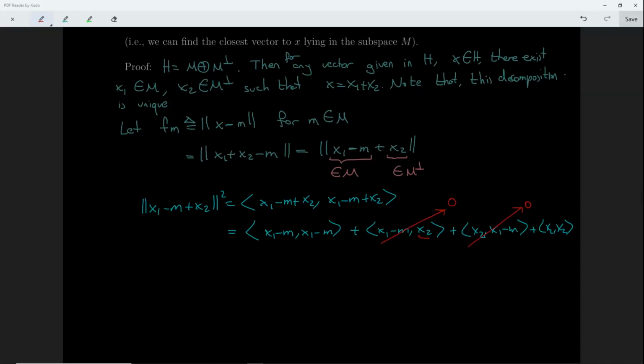Okay. Then this norm square, which I defined as Fm, so it is Fm square, can be written as, since I can write these inner products as norm squares as well, norm of x1 minus m square plus norm of x2 square. Okay.